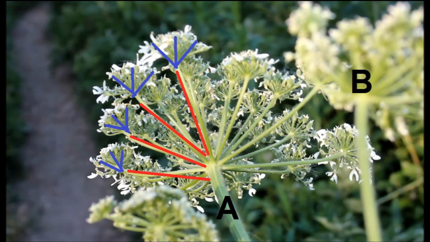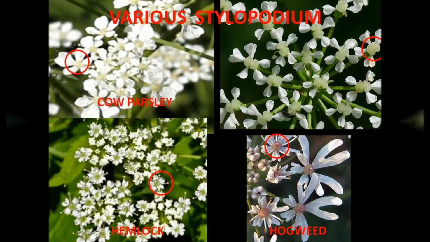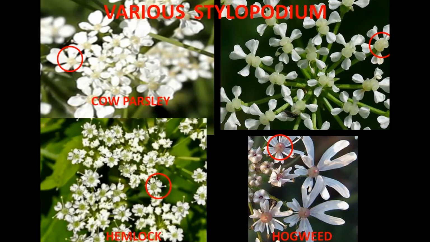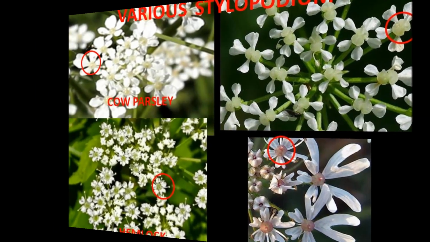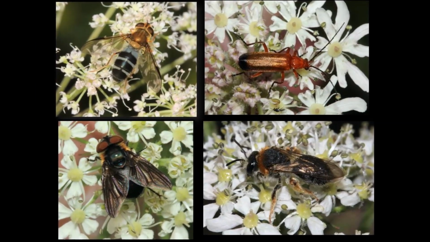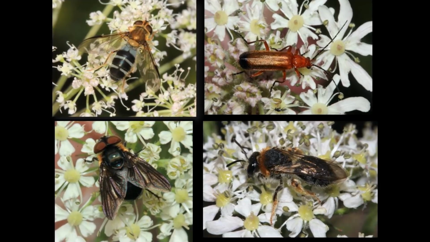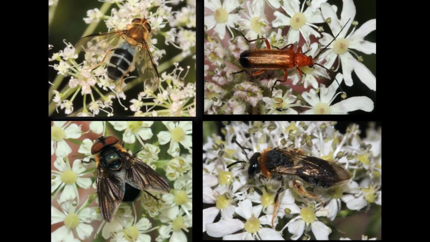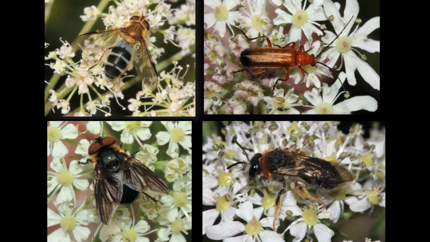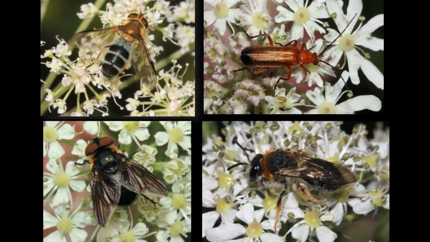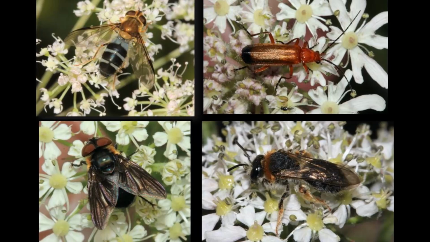Turning now to another characteristic feature on the flower structure of Apiaceae, the stylopodium. The stylopodium is a swelling at the base of the stigma and style which openly secretes large quantities of nectar, making it available to short-tongued general insects.